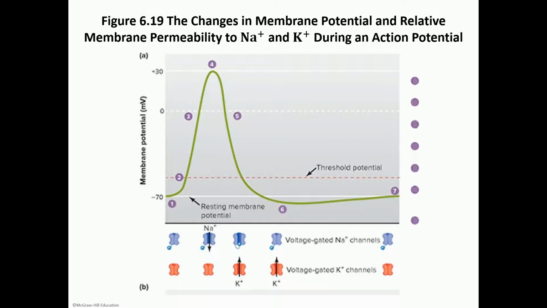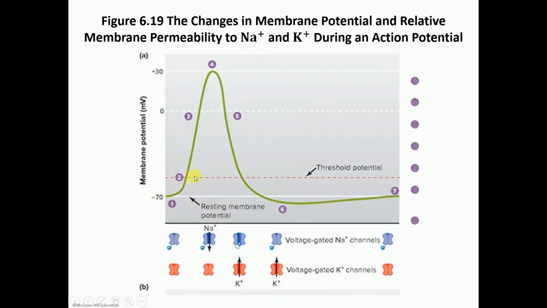Now let's take a look at the curve of the action potential. So right here is your -70 millivolts. During this phase, this is where the graded potential occurs. This is where your mechanically or chemically ligand-gated sodium channels are opening.